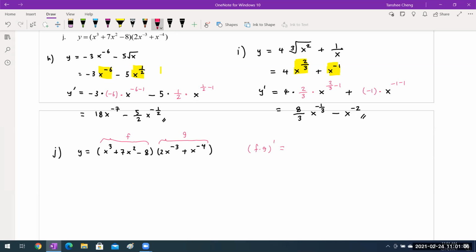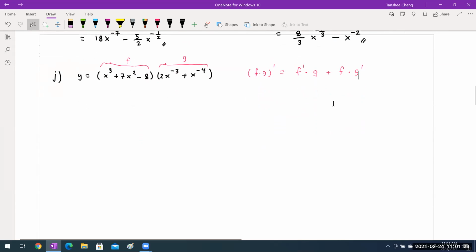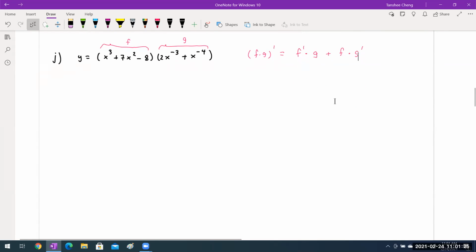According to the formula, we will take the derivative of the first function times the second, plus the first function times the derivative of what? The second. So this is the approach that we're going to take. I'm going to write it down step by step for you for this first step, and then we can use the shortcut like we've been doing.